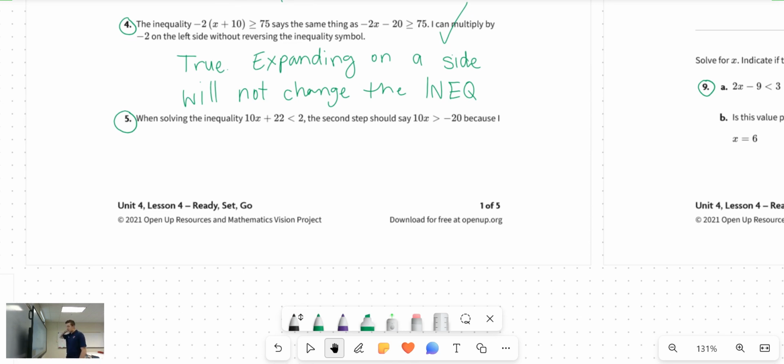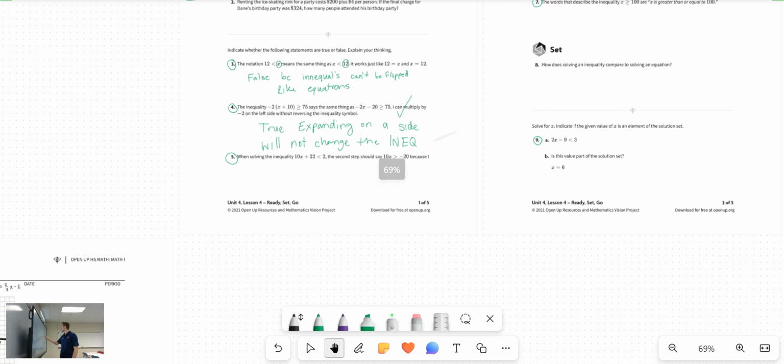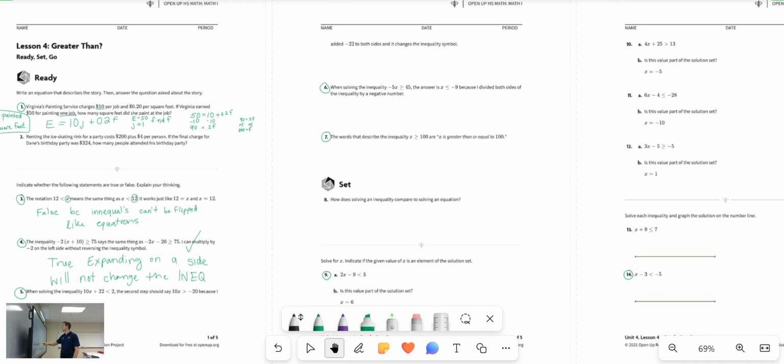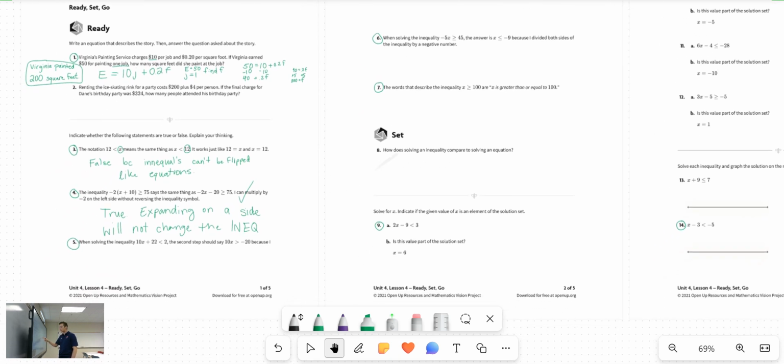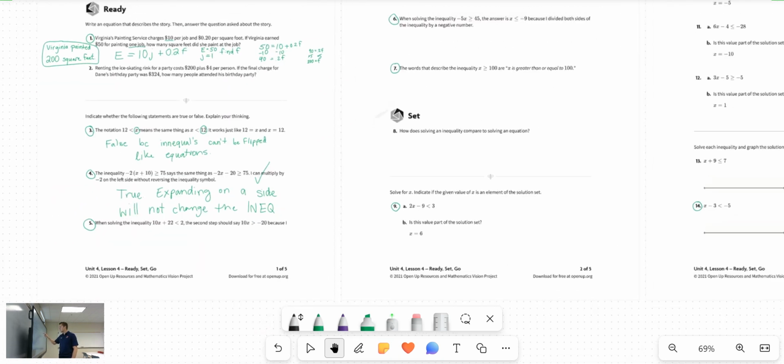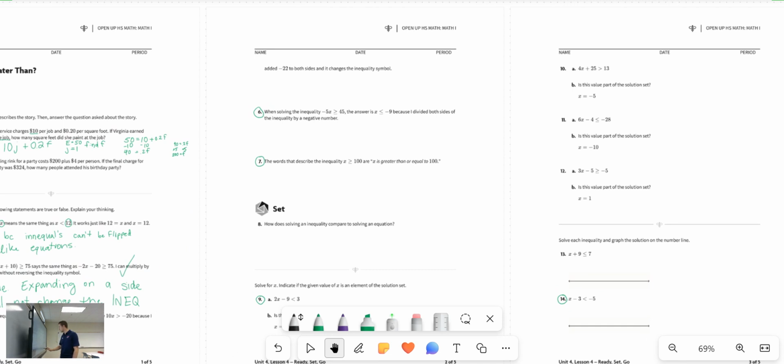Number 5. When solving the inequality 10x plus 22 is less than 2, the second step should say 10x is greater than -20 because I added -22 to both sides and it changes the inequality symbol. That's actually false, right?